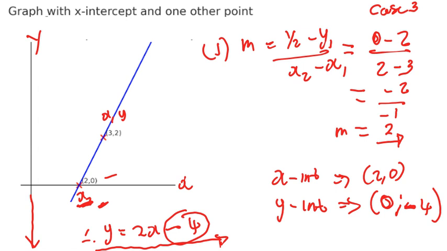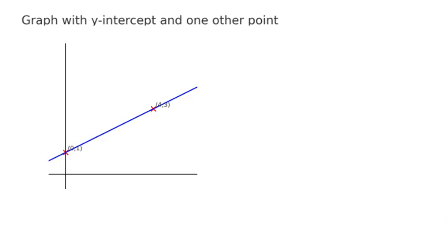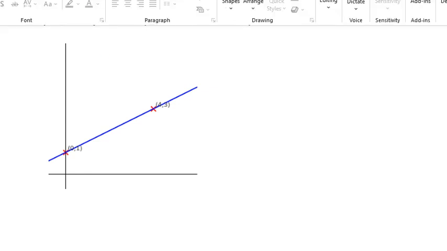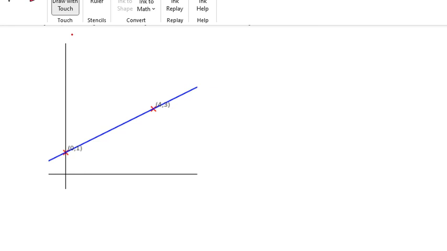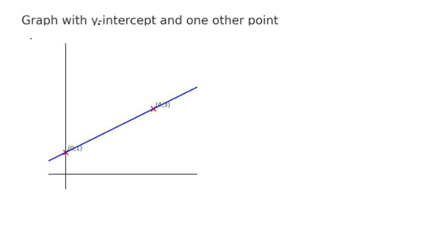Okay. Now let's move to case number 4, which is our last case. Our last case says, what if you are given a y-intercept and another 1 point.